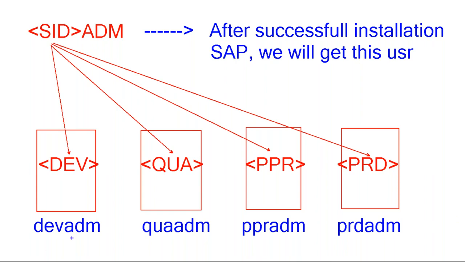If we install the development system only, DEV ADM is automatically created. But here I assigned the system ID S4H, so S4H ADM is automatically created.